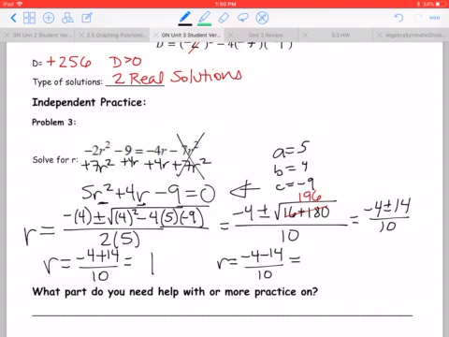And on this one, we are going to get -9 over 5. So make sure you got those 2 answers. And if your answer didn't have a whole number, you would have the square root. And just make sure you write the 2 separate answers like we did on completing the square. And that's it.